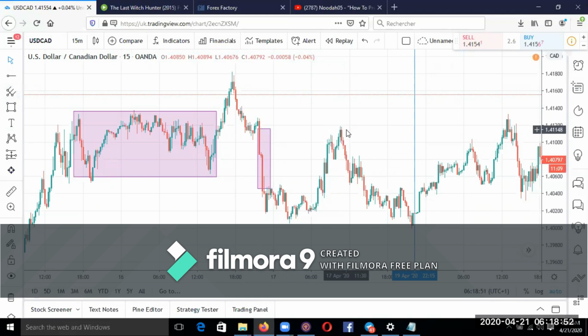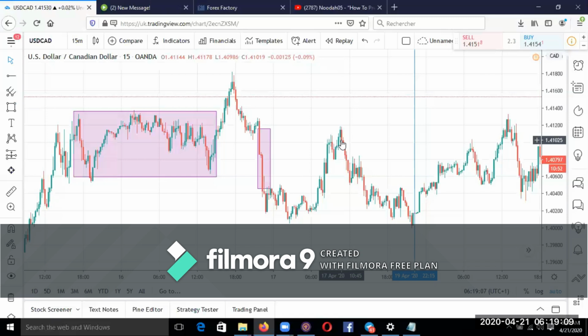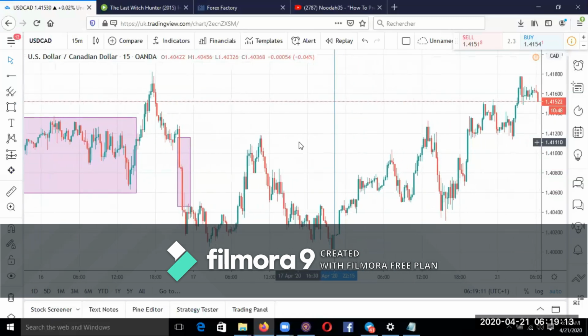There are people that trade only fair value gaps. There are people that trade only off order blocks. There are people that trade only off consolidation, and there are people that trade only off market reversal. You cannot match all of that at once, but you can take one of those and you still make good money out of it, right?